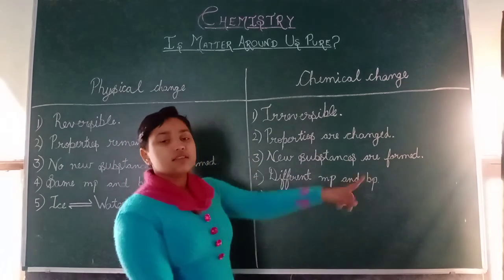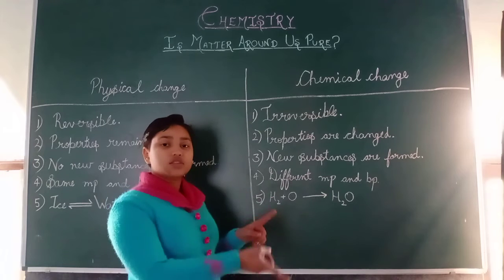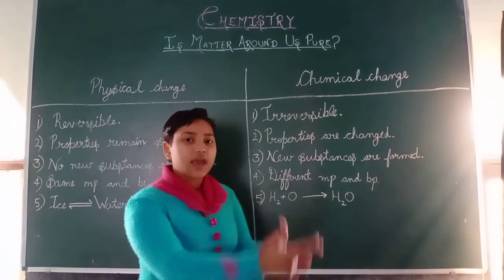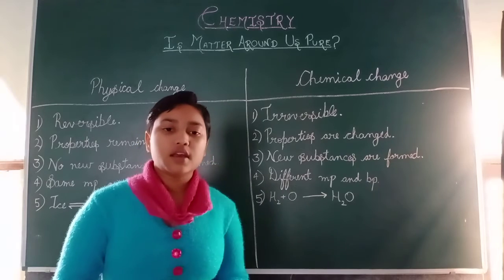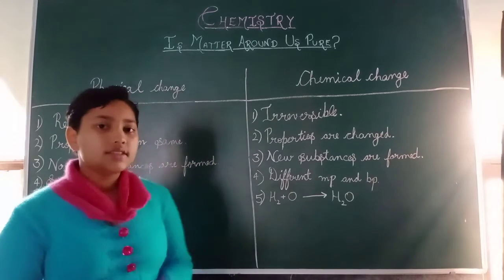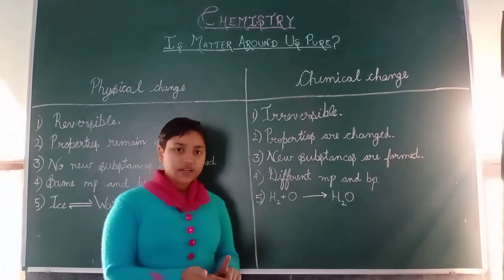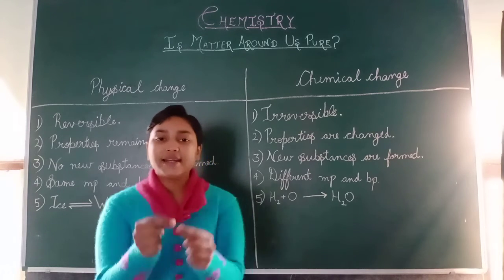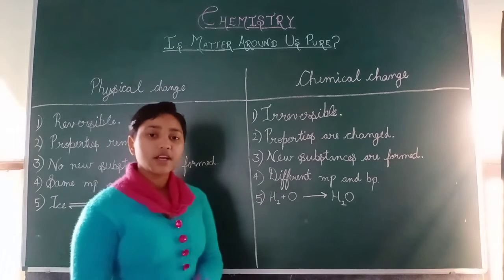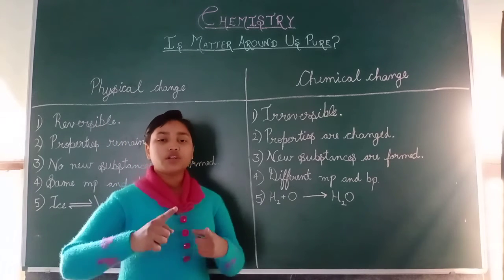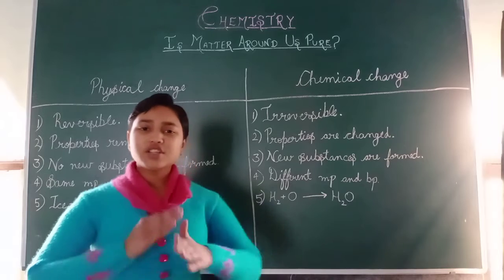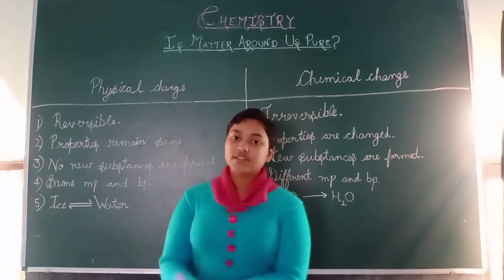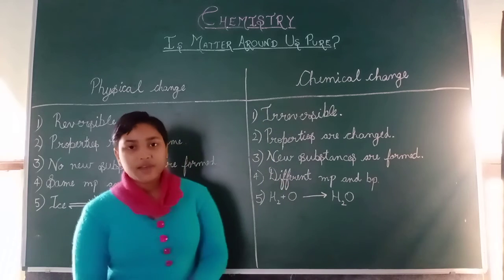So this is a process which is not reversible. By using electrical methods, water can be separated into hydrogen and oxygen by electrolysis, but it is not separated by any physical method, as in physical changes. So this is a chemical change.